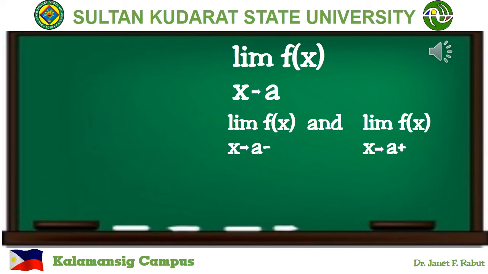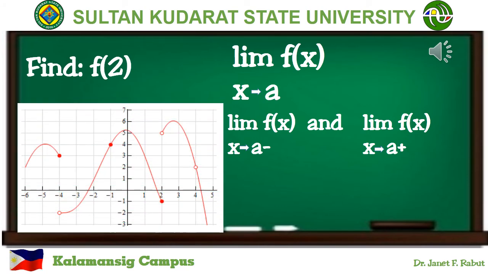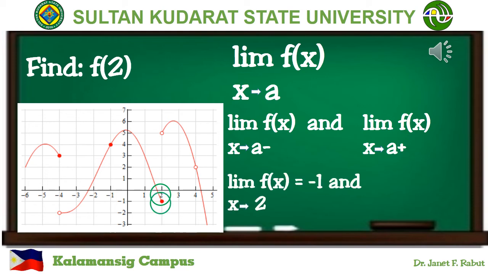We will now find the limit of f of 2. Again, focus on the graph. When x approaches 2, two points exist. The one from the left of a is negative 1, and the limit from the right of a is 5. What does it mean again?